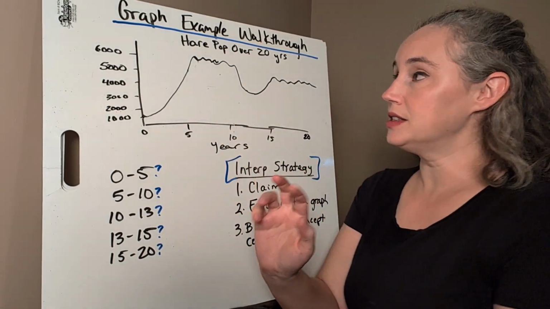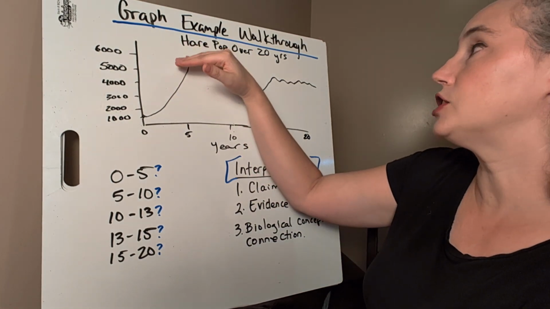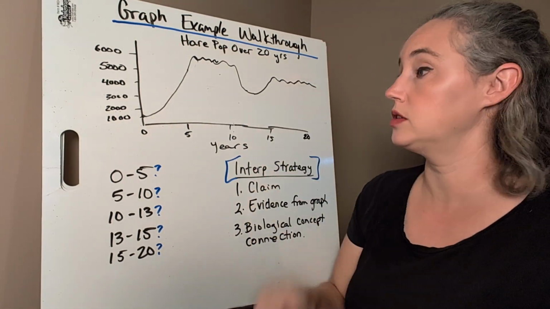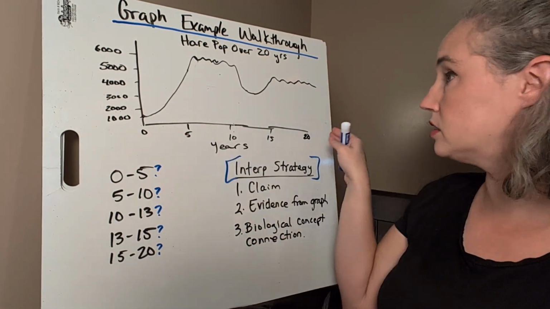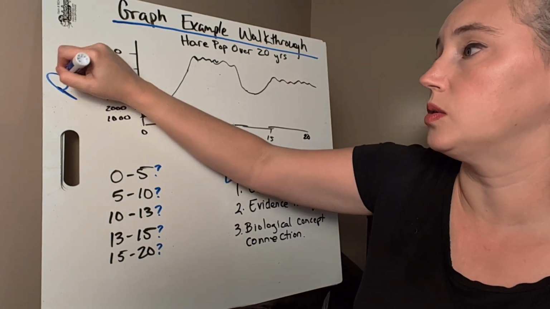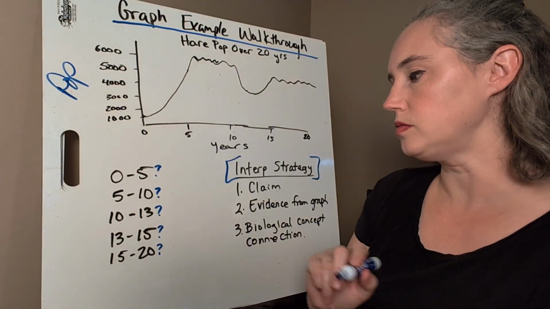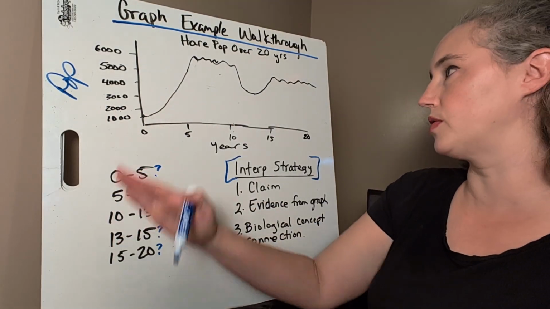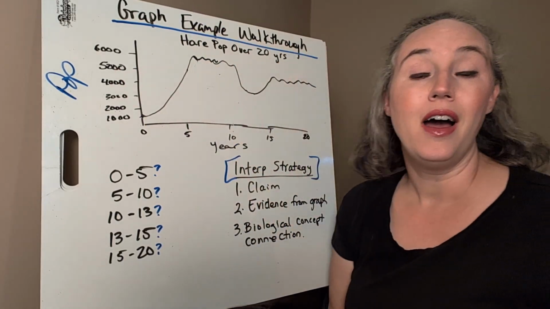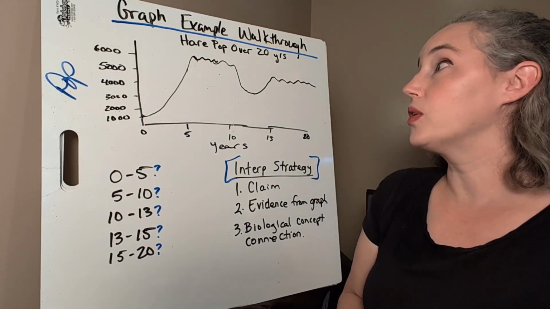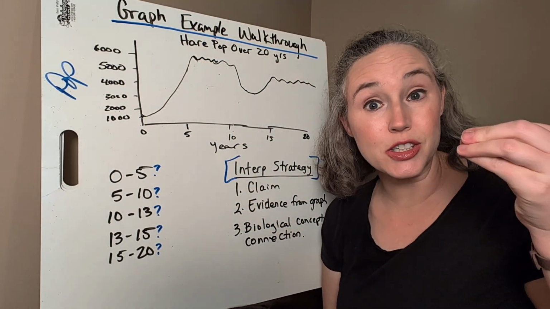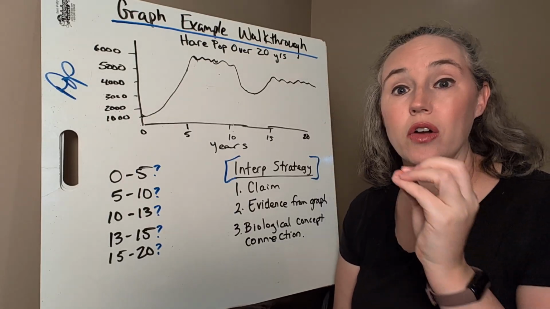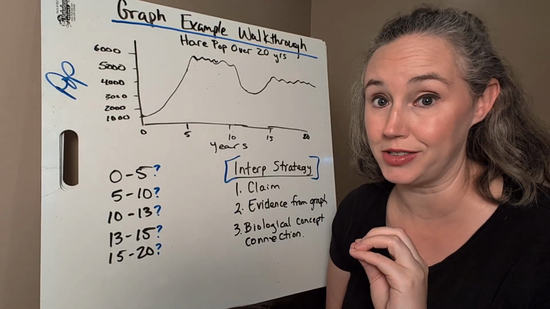So in this example, we're looking at a hare population over 20 years. So here are our years, 0 to 20. This is our population here. Let's go through the main intervals of the graph, because that's an important thing to do. Look at inflection points, or places where the trend changes.